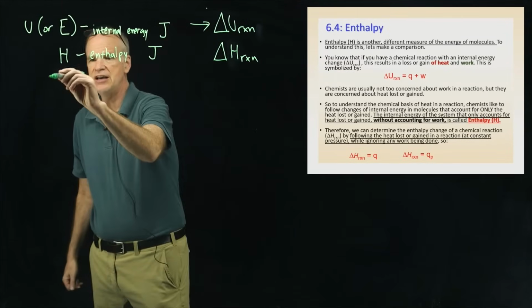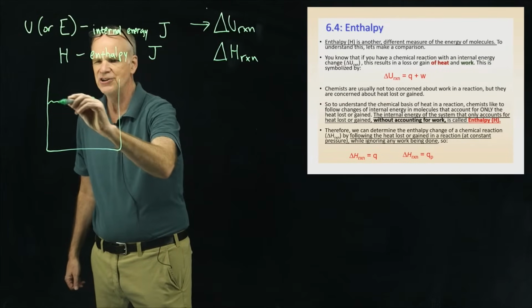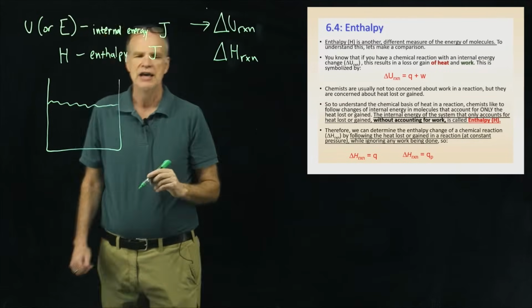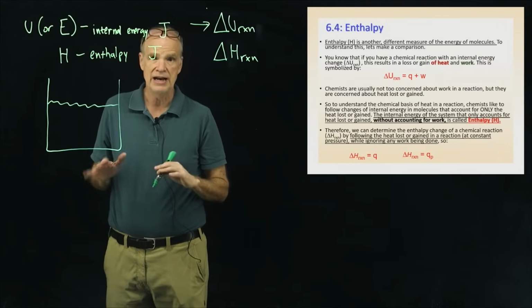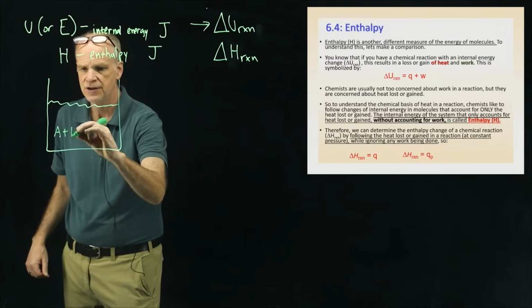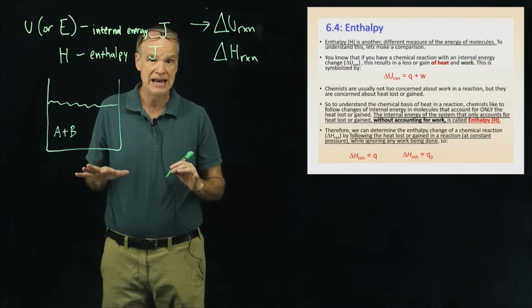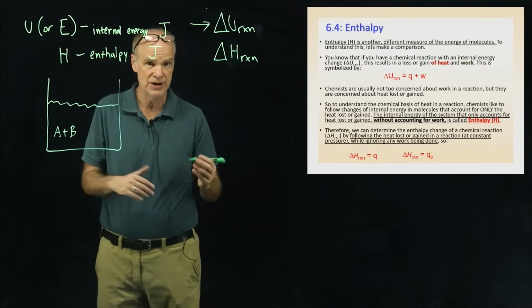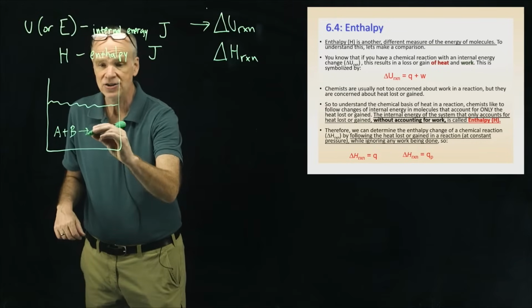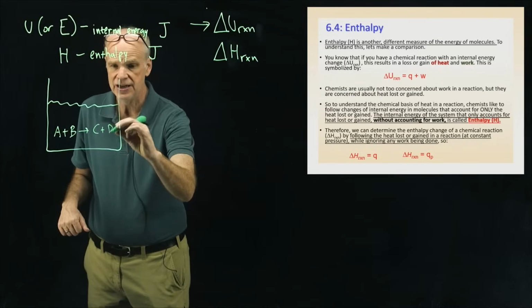Let's say you have a beaker full of chemicals, and you have a couple of reactants, A and B, and you get a reaction going, and those reactants are converted to products, which are C and D.